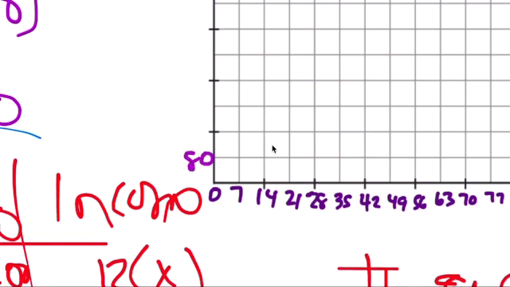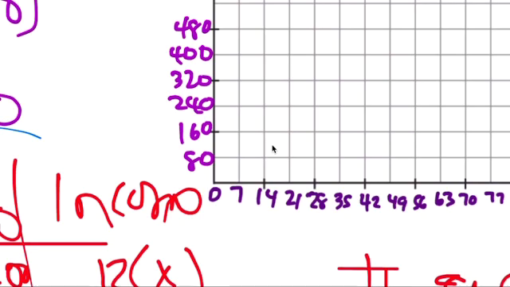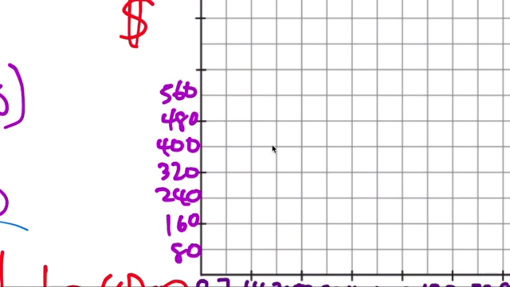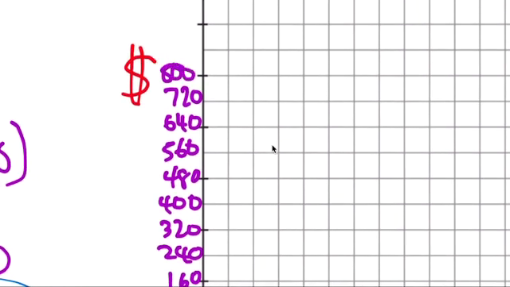So 80, 160, 240, 320, 400, 480, 560, 640, 720, 820 here.